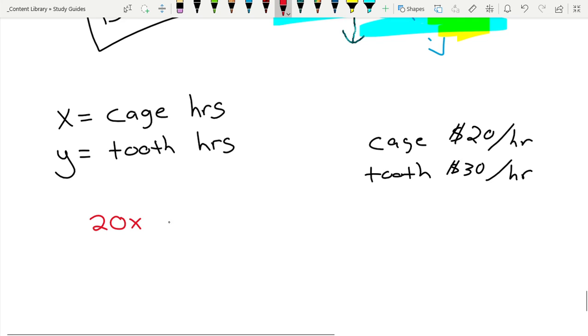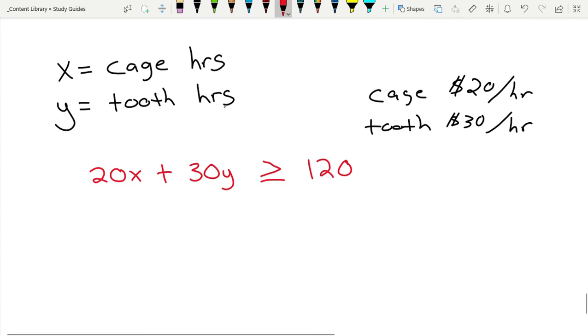So 20x. Then I add my second job, which was the toothpaste tester, and I get $30 for every hour I'm there. And my hours there are Y. And the goal was to make at least 120. That's the goal. So I can equal 120, or I want to have more than 120. So that would be one of your inequalities.